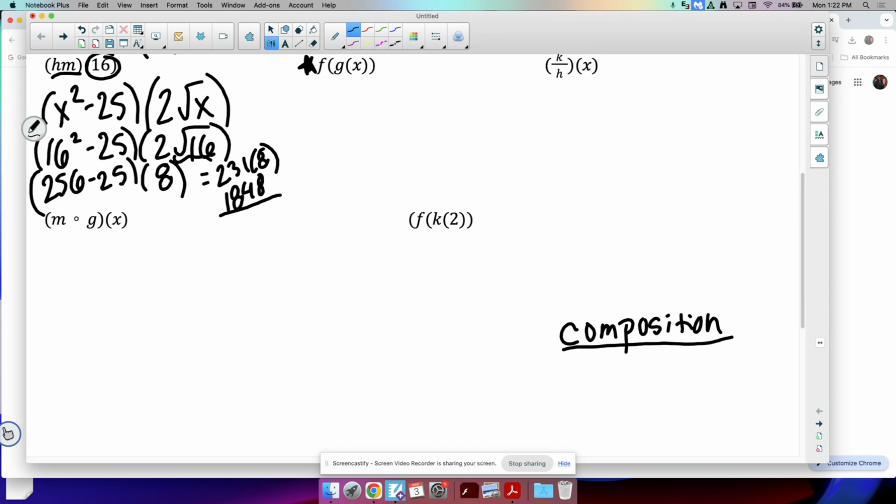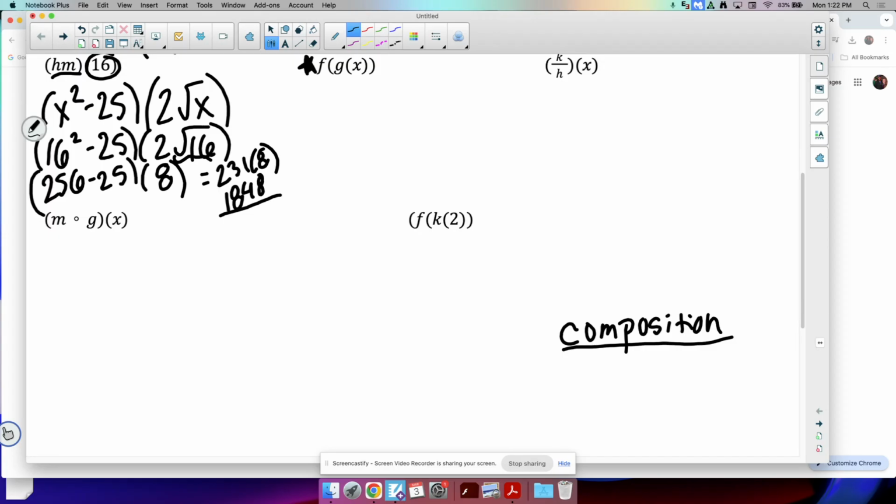So a composition is a type of operation. It's a new operation that you guys probably haven't seen yet. But a composition just means like in an equation, you can plug in a number. You can plug in a variable. A composition means what are you plugging in instead? Another equation.